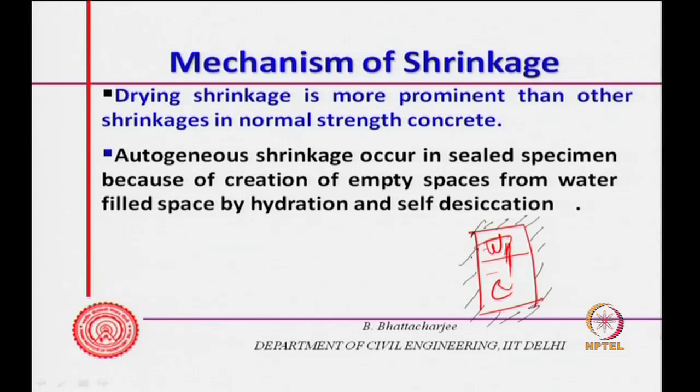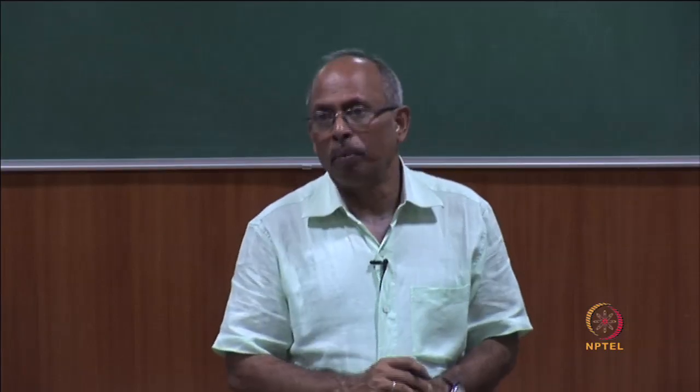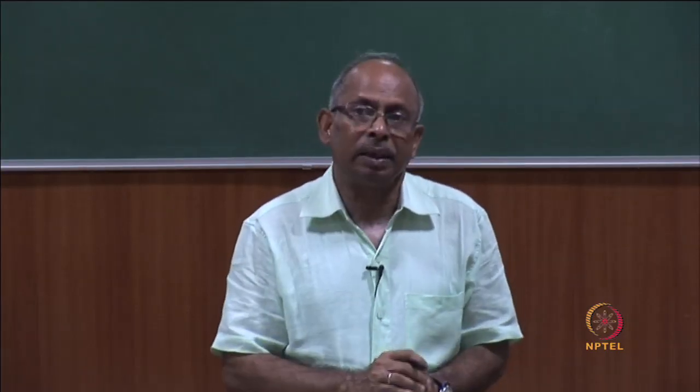in the space, because the water filled space has gone out, and the volume of the hydration product is, we know, less, and this space is not being filled up fully, and therefore, it can result in a kind of empty spaces. Due to the self desiccation process, even if you have sealed it, with no water replenishing, there will be water loss after the skeleton has been formed, after initial set has occurred.